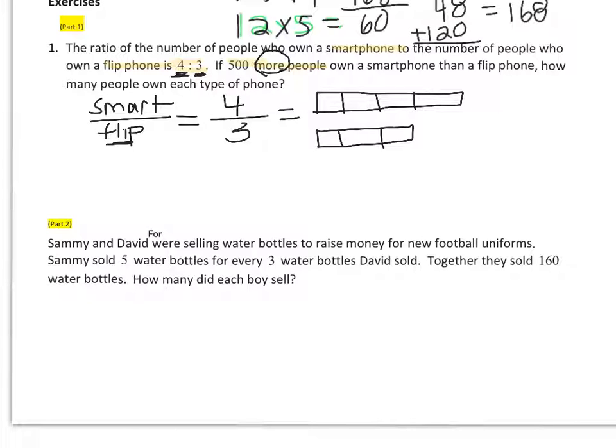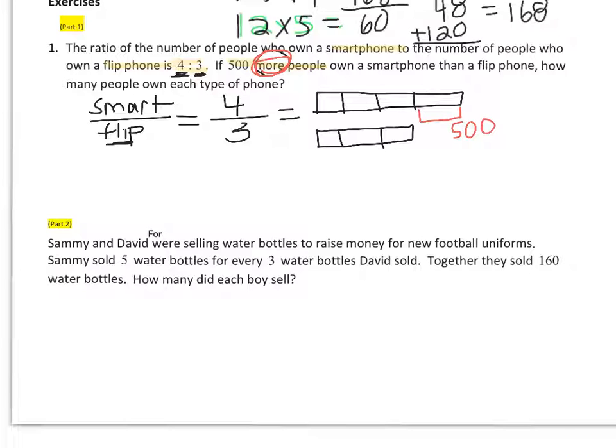So since it said more, I need to focus on the piece of the diagram that's showing more. So if I go to my smartphone diagram, the piece that's showing more is this section right here that's extending past the second diagram. So go ahead and put a bracket right there, and we're going to write 500, because that more than is that 500.